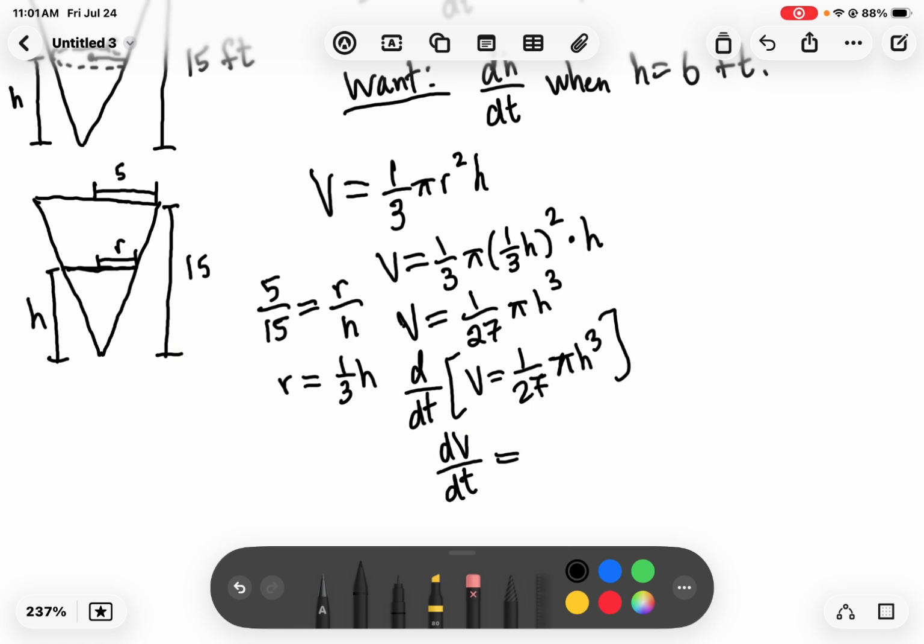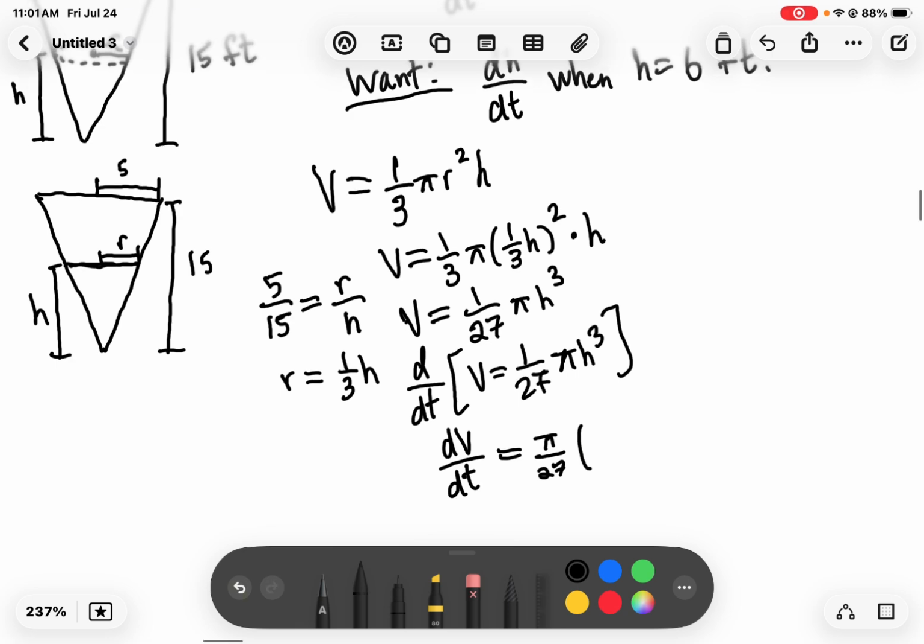On the right-hand side, we can pull the pi over 27 out because it's a constant. Now we have the derivative with respect to time of h cubed. Remember, we differentiate first with respect to h, which is 3h squared by the power rule, and then multiply by the derivative of h with respect to t, so times dh/dt.